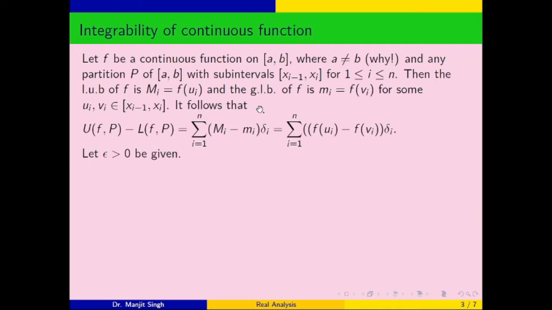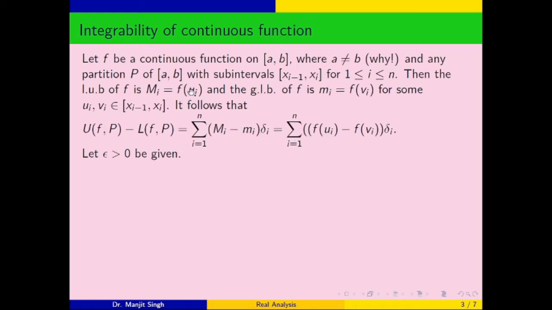Now after assigning these values, M_i corresponding to u_i and m_i corresponding to v_i, the difference of upper sum and lower sum can be written as the sum of f(u_i) minus f(v_i) times delta x_i.